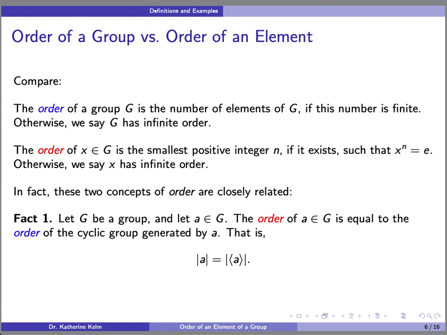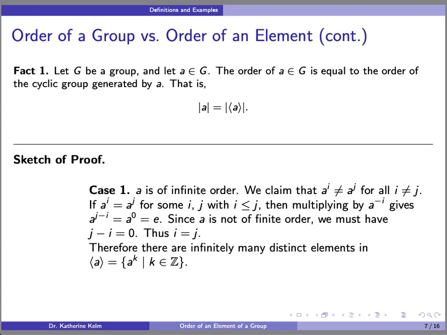That is, the order of the element A is equal to the order of the cyclic group generated by A. All right, so let's sketch a proof of this. First of all, the element A might be of infinite order. In that case, we claim that A to the I is not equal to A to the J for all I not equal to J.